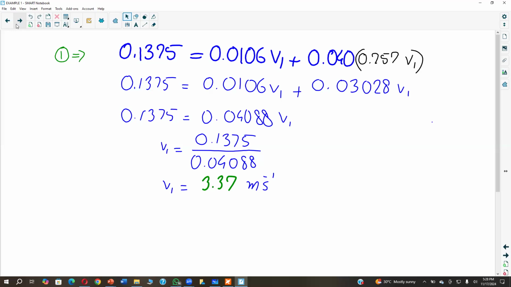Sir, why is 0.1375 the numerator? Because we have to make V1 the subject now. Okay, okay. I was doing it the opposite way. I put 0.04 as the numerator.